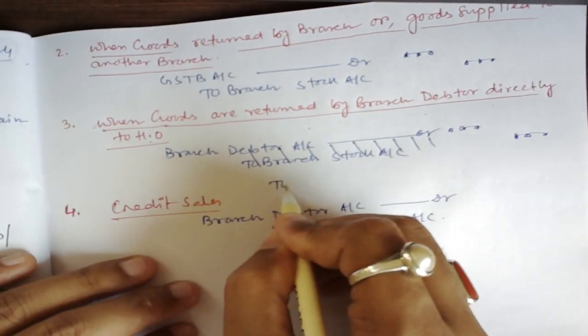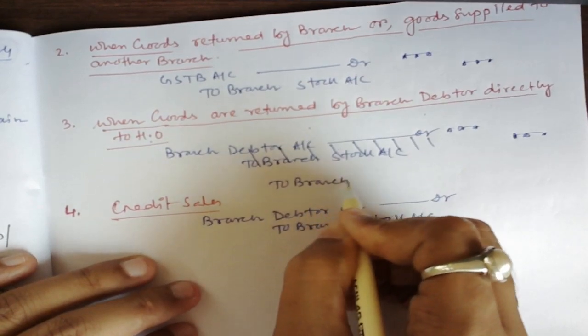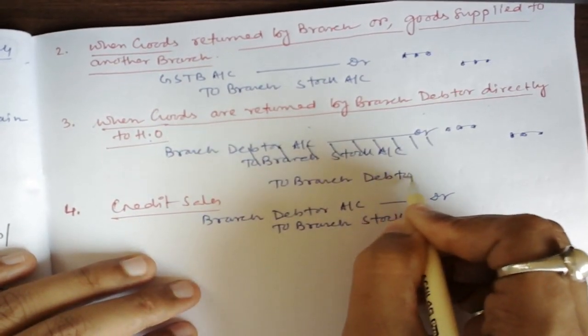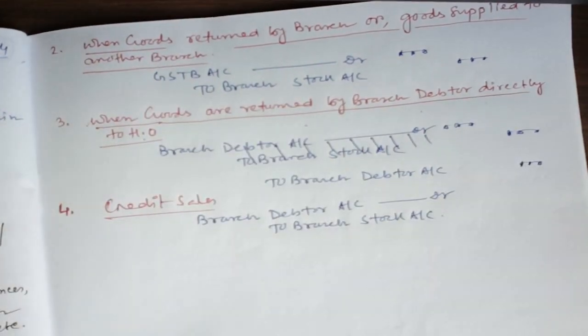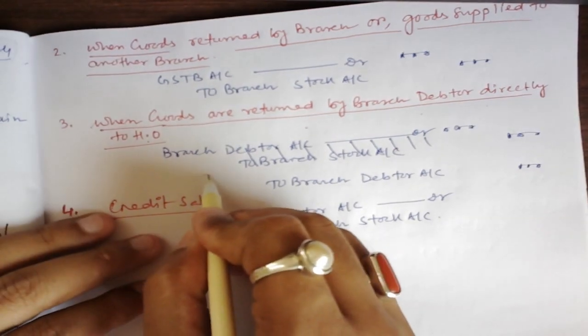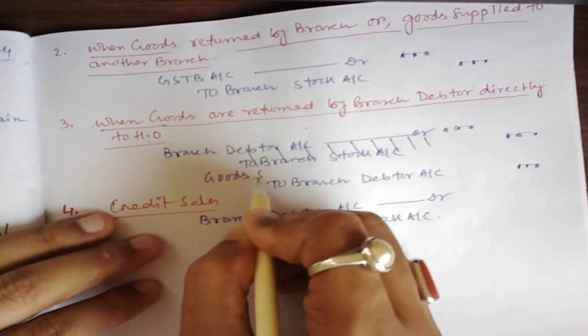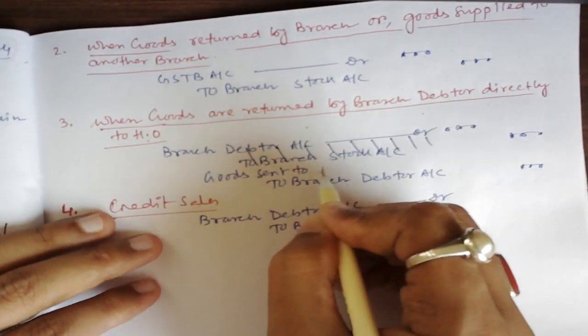So debtor should be credited. Please correct it. And as the customer is returning the goods to the HO, it is written with respect to the goods sent to the branch, GSTB.